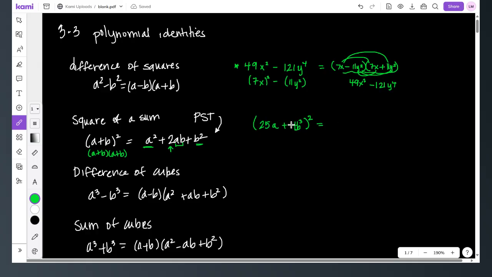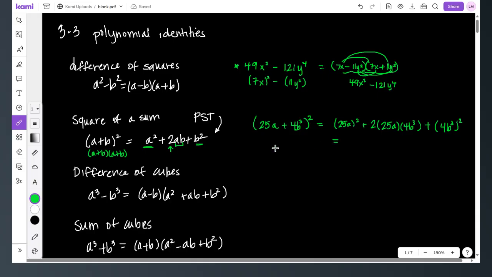So I have 25a squared, plus 2 times both terms, 25a, 4b cubed, plus the last term squared.